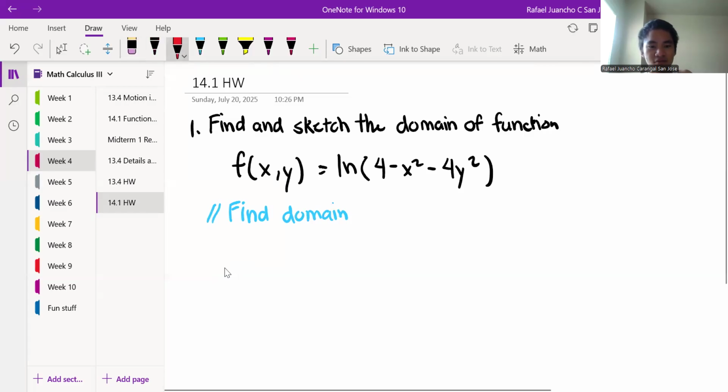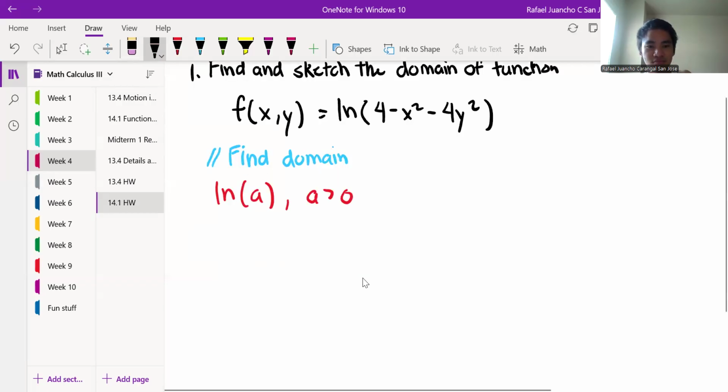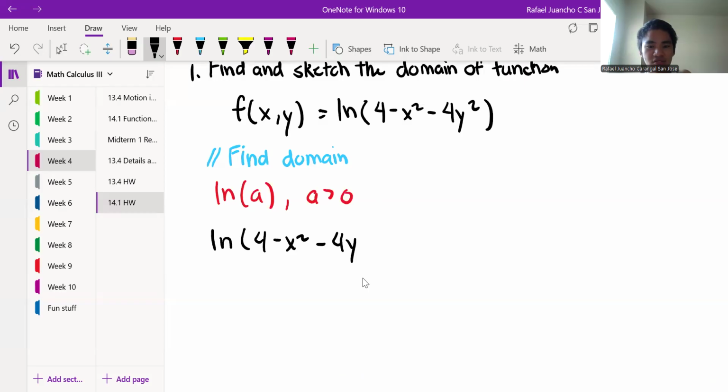The condition is, say we're given ln of a, then a should be greater than 0, right? So here, whatever this input is, it should be greater than 0.